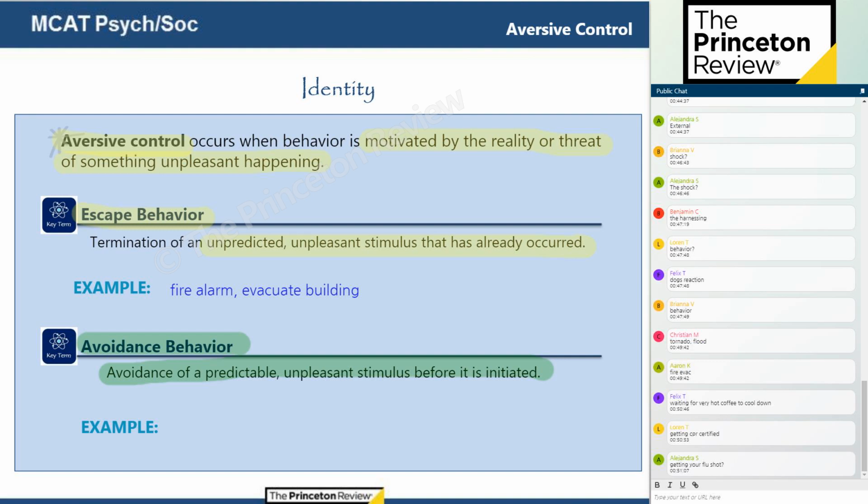What would be an example of that? Okay. Getting your flu shot. Going back to the tornado flood, how about if we evacuate before the tornado or the flood happens? You know, we evacuate before a hurricane.